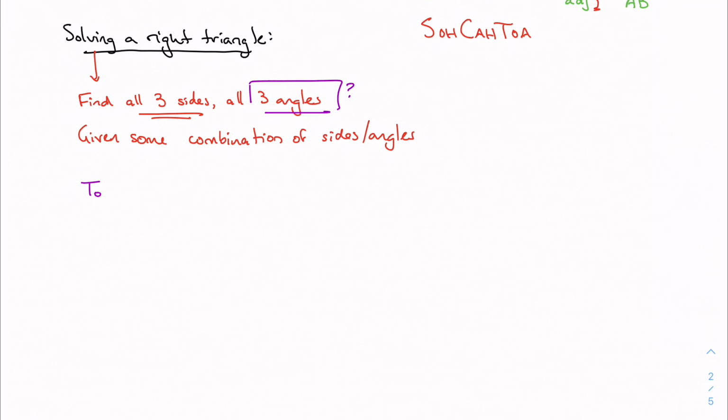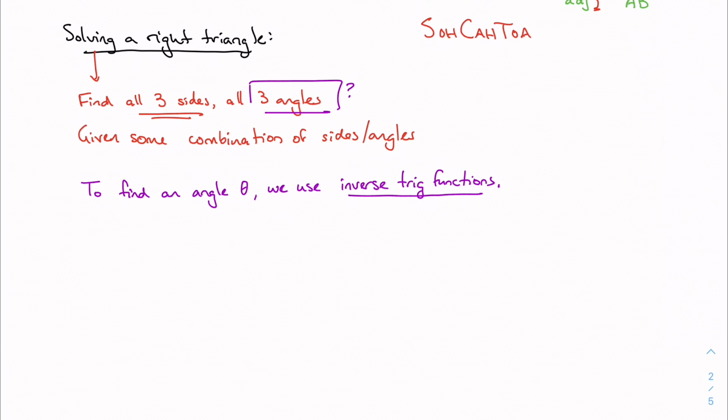So there's one more thing I need to introduce before we try a couple of these problems, and that's to say that in order to find an angle theta, we use what we call inverse trig functions.